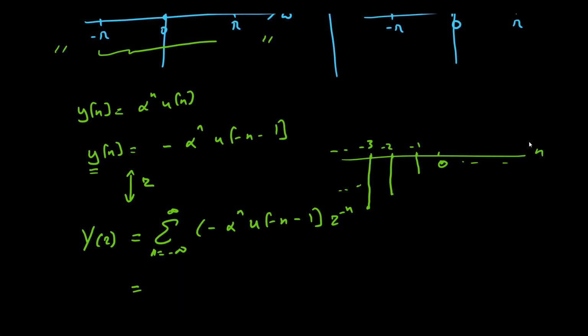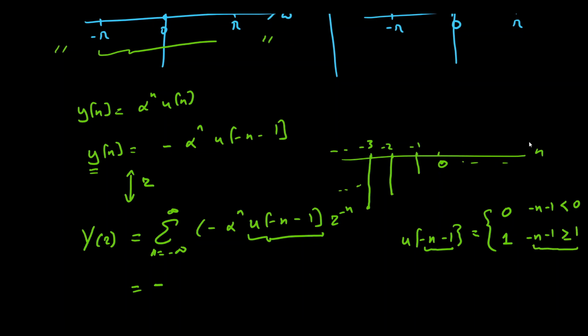So we can bring out this minus, which will come here. Next we have a unit step function with an argument of minus n minus 1. Note that this u of minus n minus 1 would be equal to 0 when the whole argument is negative, that is, less than 0. And this would be equal to 1 when this whole argument is positive.